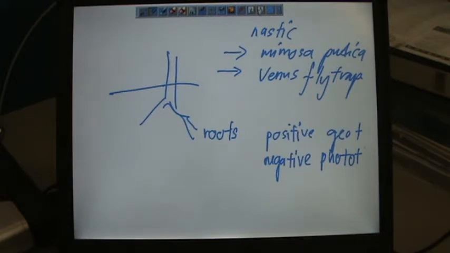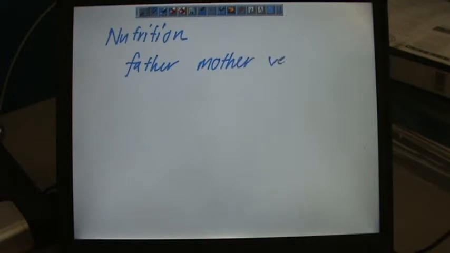So the next chapter will be nutrition. When we talk about nutrition, we can say: father, mother, very fat when playing congkak. Why so?